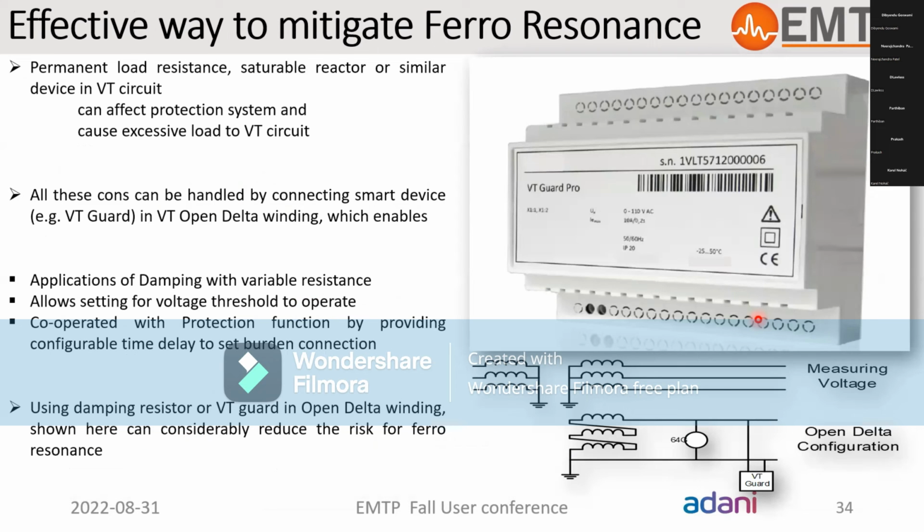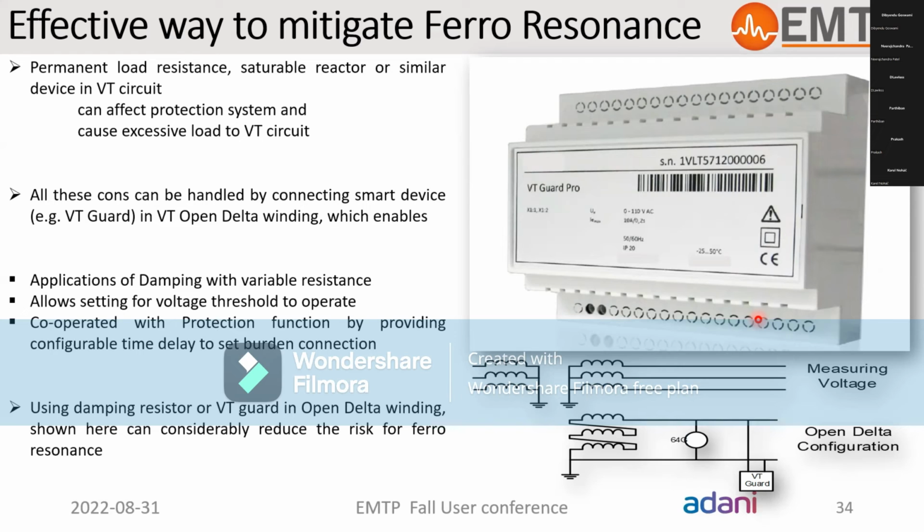So as we have seen, by adding a load resistance or a saturable reactor or similar device in the VT circuit, the resonance can be prevented or mitigated. However, it can affect the performance of the protection system by drawing more current, and it causes excessive load to the VT circuit, which may affect the power system as well.